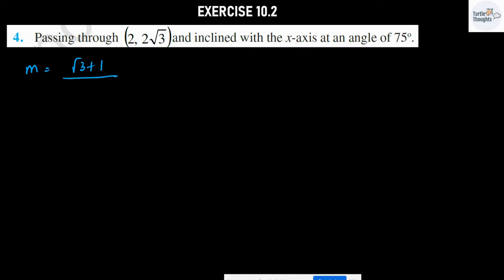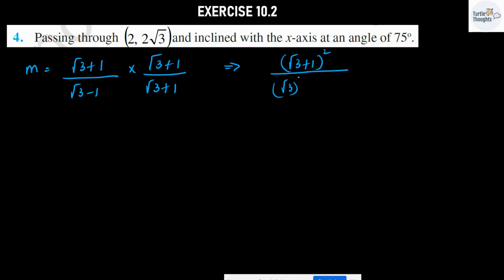Root 3 plus 1 divided by root 3 minus 1, I can multiply it with root 3 plus 1 over root 3 plus 1. When I do this, I will get root 3 plus 1 whole square divided by a minus b into a plus b form, so a square minus b square, which is root 3 whole square minus 1 whole square.